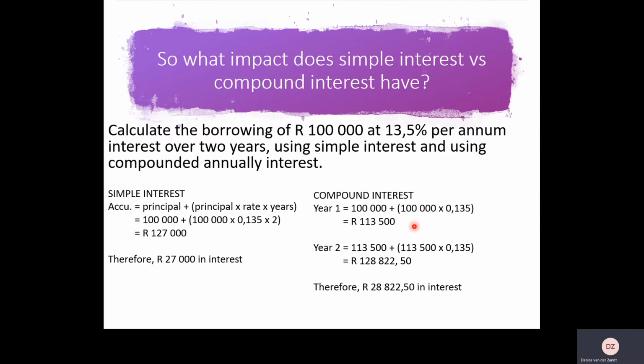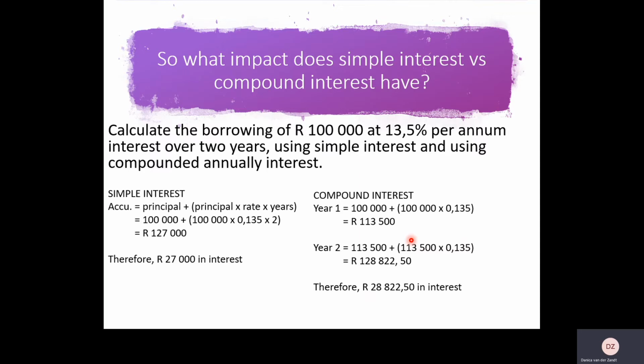Now that is my starting point for year 2. 113,500 plus 113,500 times 0,135, giving me a total at the end of the second year of 128,822.50. So now I have 28,822 Rand and 50 cents in interest. So I have more interest accumulated in compound.